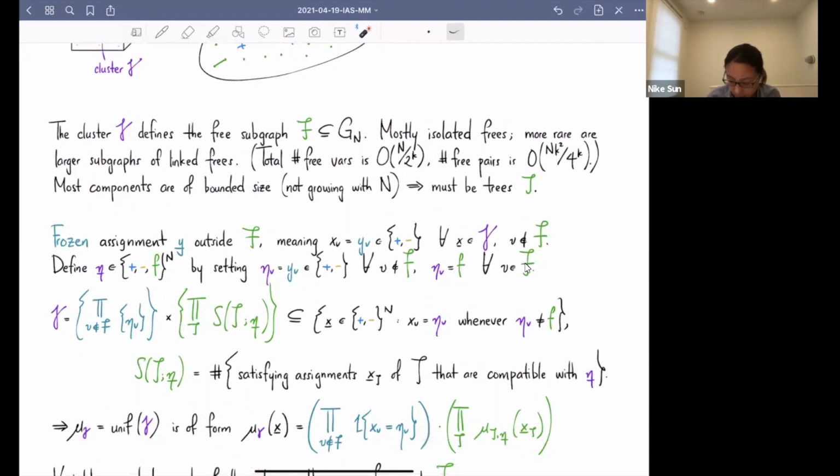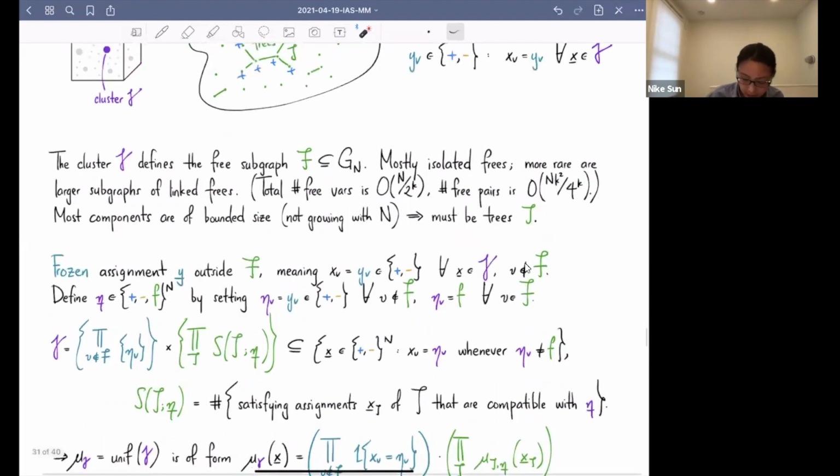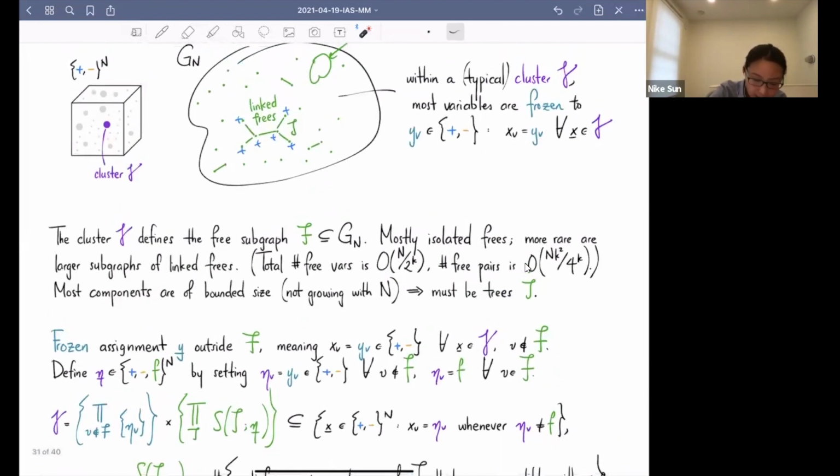And then for each of the trees, you choose a uniform assignment on the tree that's compatible with its frozen boundary, but you choose one independently for each of the trees. So this is the key point: I choose a completion here, and I choose a completion here, but there's no interaction between them. So they're independent of one another.